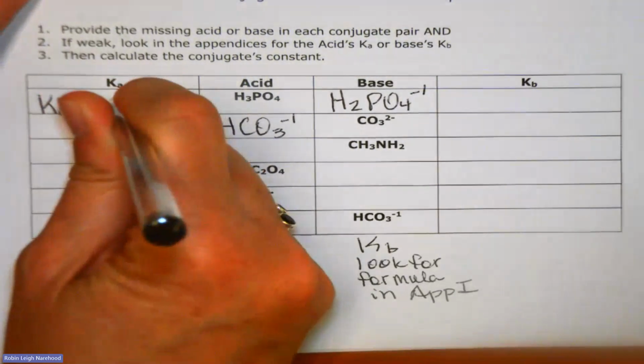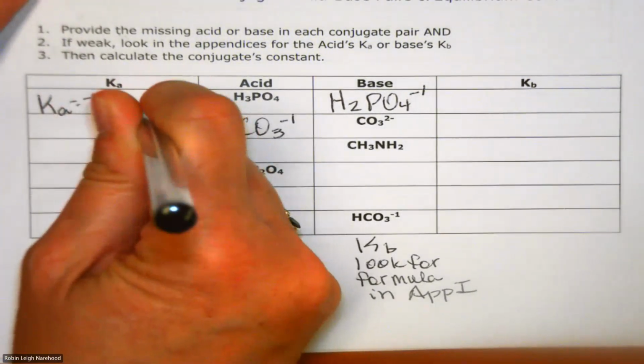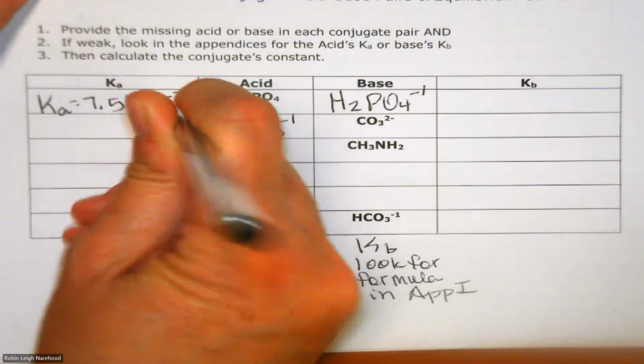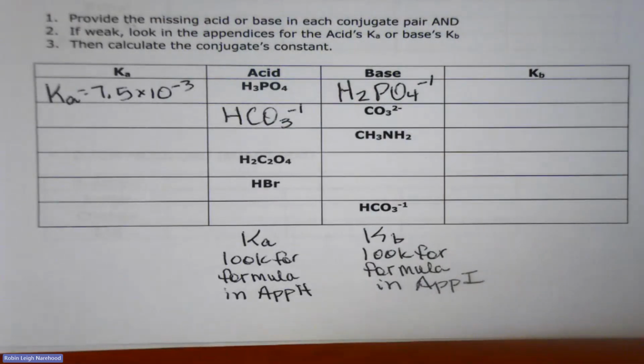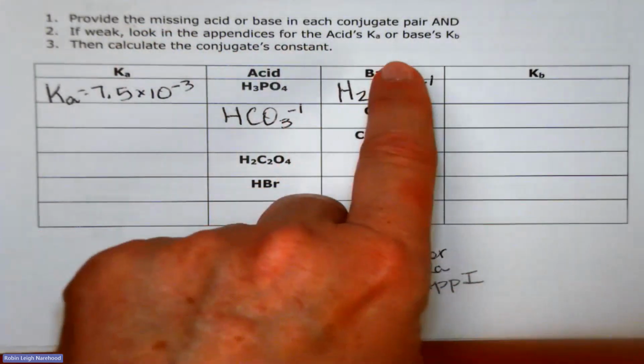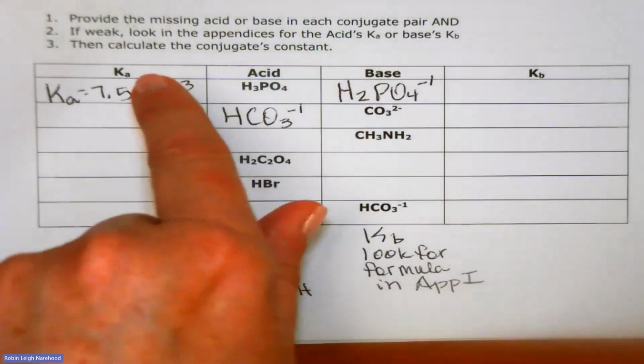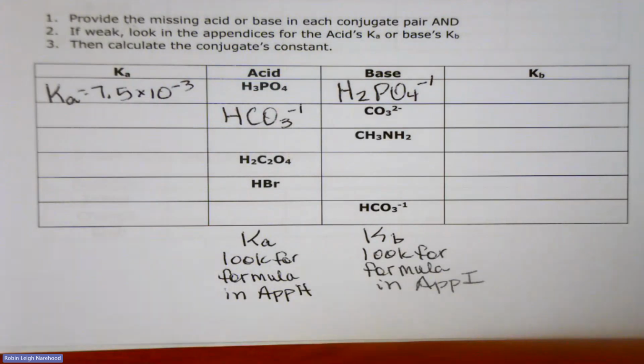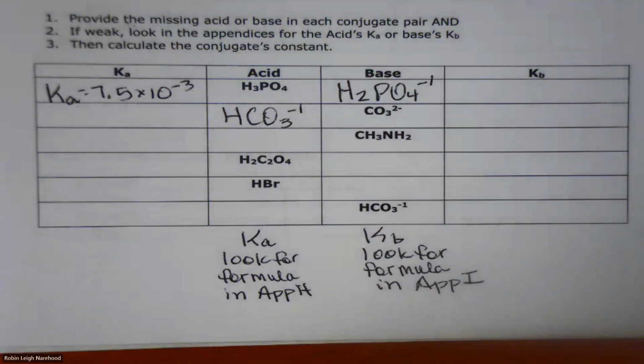So when you have a conjugate acid-base pair, you can only find one of the values, and then you calculate the other. Okay, so you would look up and you would find either the Ka or the Kb, and then you're going to calculate the conjugate's constant. You cannot look both of them up.